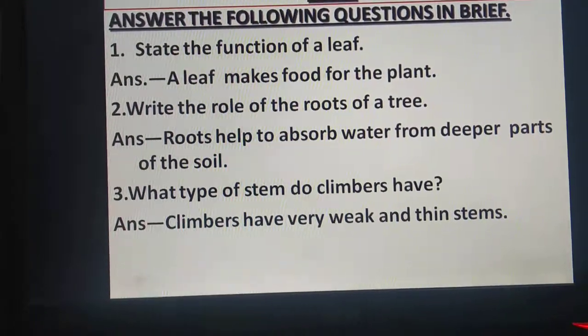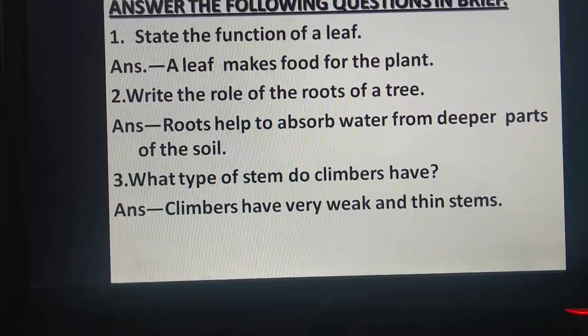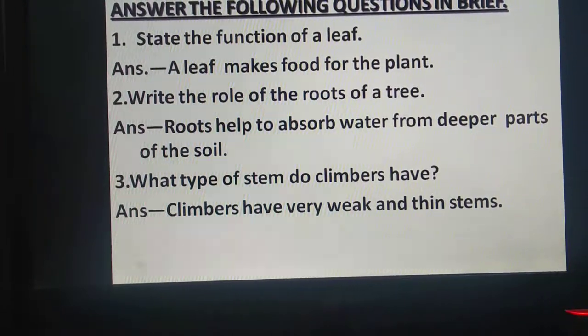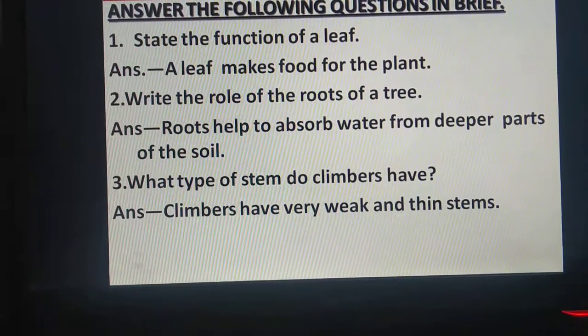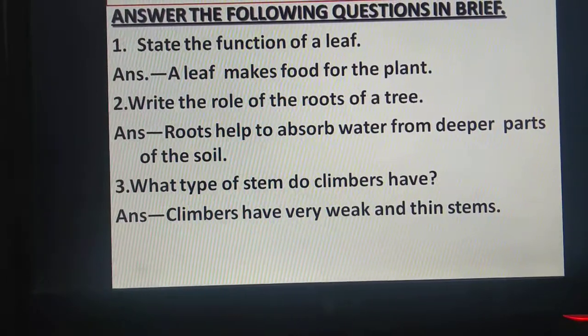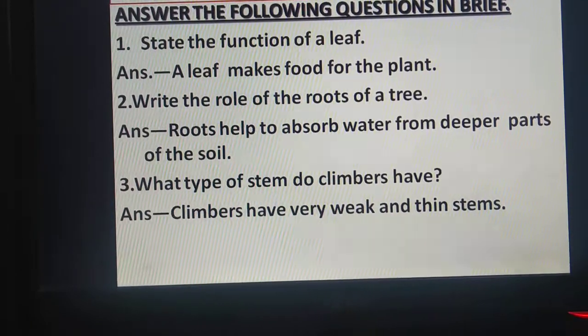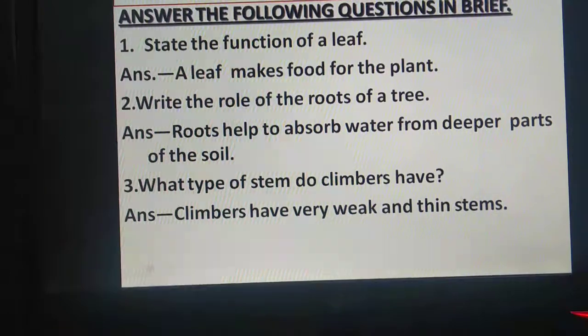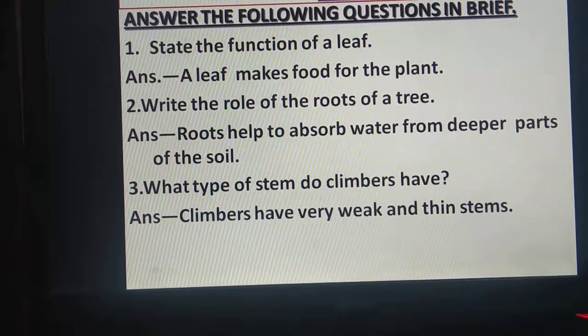Second question, write the role of the roots of a tree. And the answer is roots help to absorb water from deeper parts of the soil. The third one is what type of stem do climbers have? And answer is climbers have very weak and thin stem. This is question number 3.